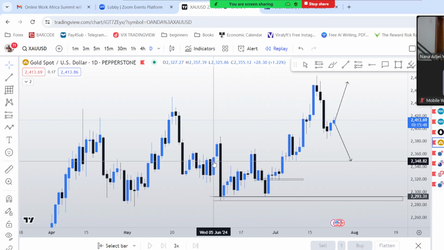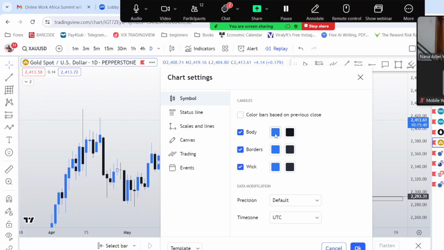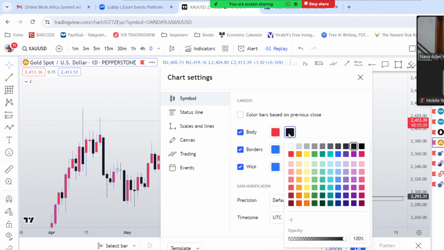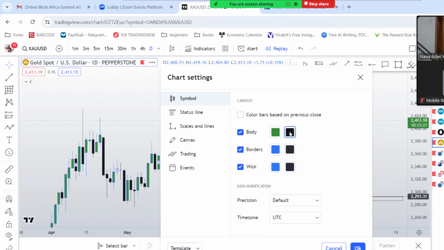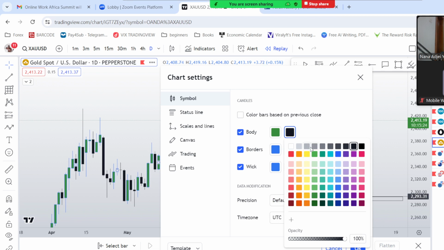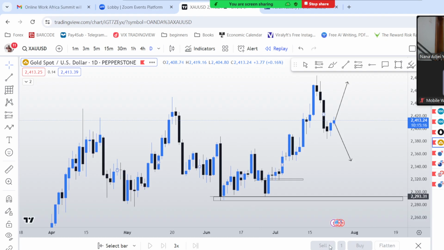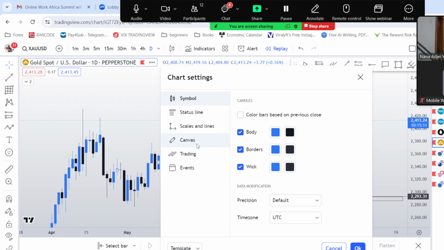You can double click on the candlestick chart and change the color for the bullish candles, maybe to red. You see that my candles have been changed to red, and then maybe green. You have different colors that you can use to customize your TradingView. We also have the bearish candles; you can change them to red or whichever color you want. I love to use the blue and the black for my analysis.